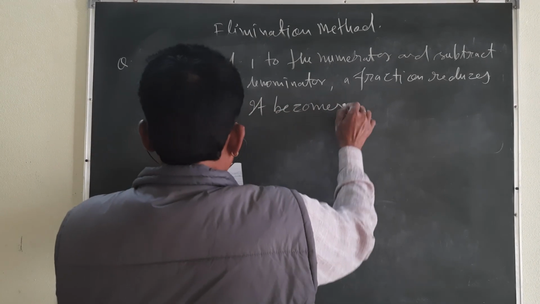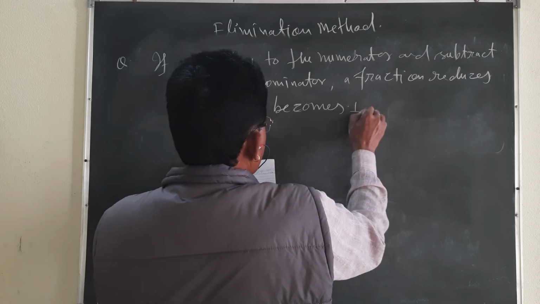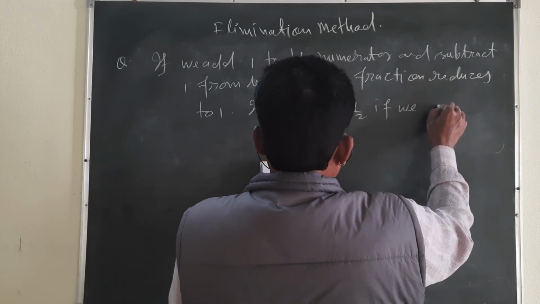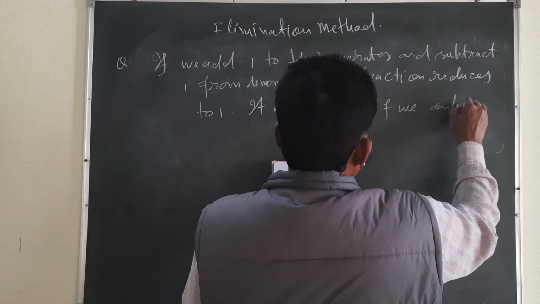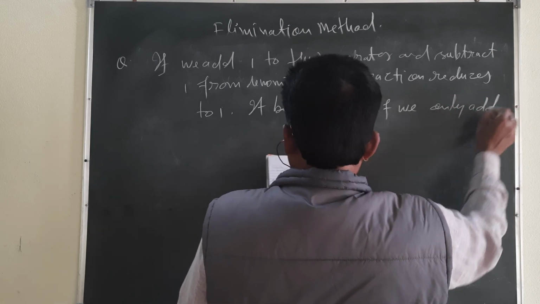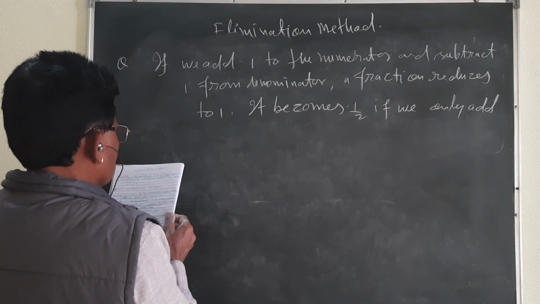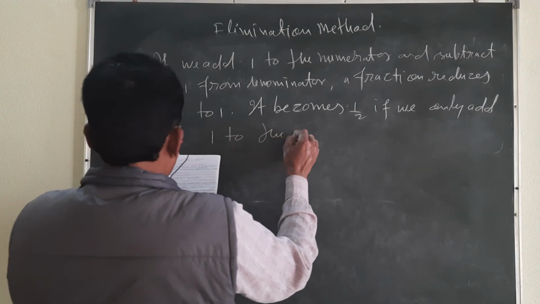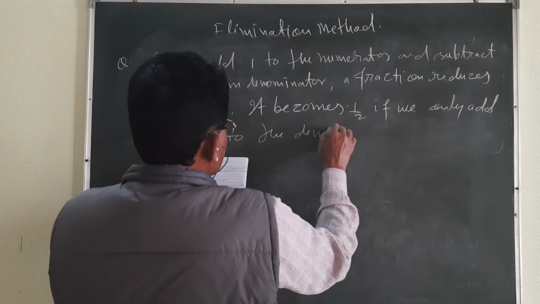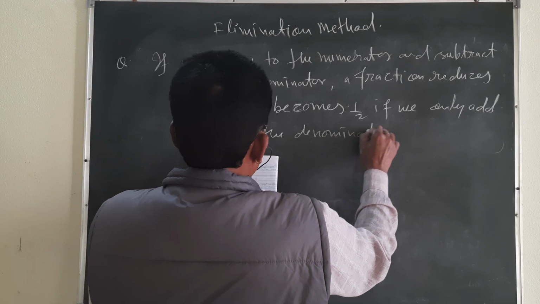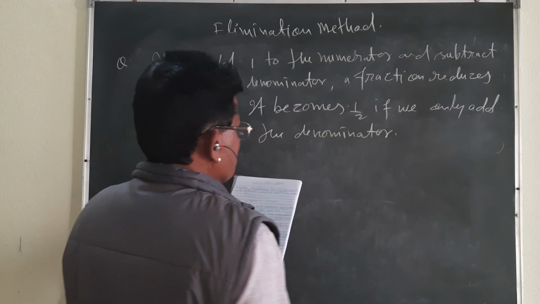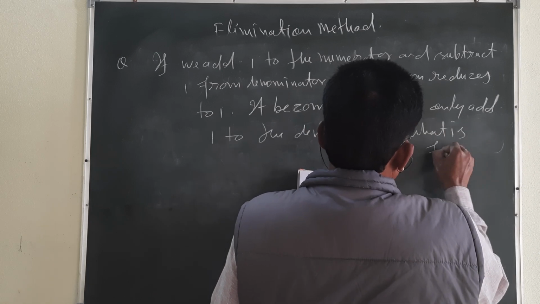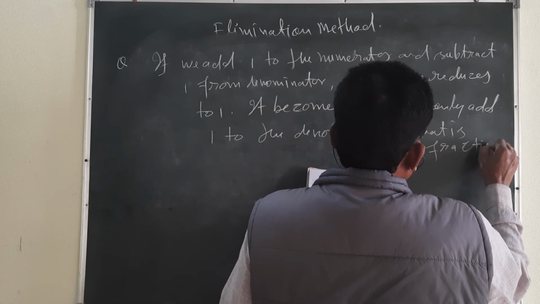It becomes 1 by 2 if we only add 1 to the denominator. What is the fraction? You must find out the fraction.